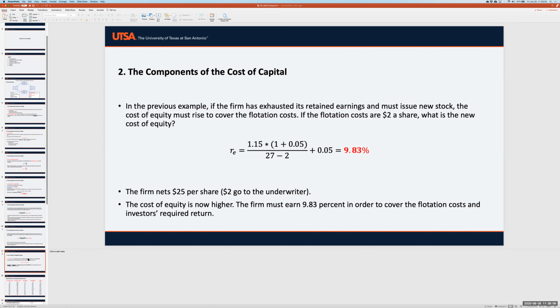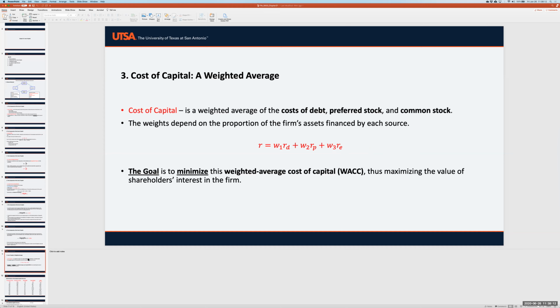Okay, next slide. Okay, we are getting to the end. So at the end of the day, we need to calculate the cost of capital, and this is the weighted average cost of capital calculation. We have cost of debt, cost of preferred stock, cost of common stock, and these are the weights.